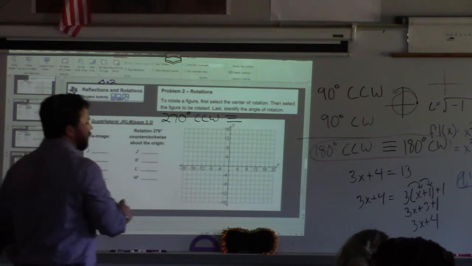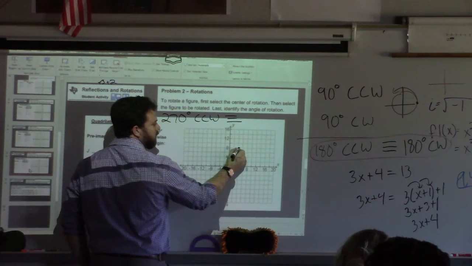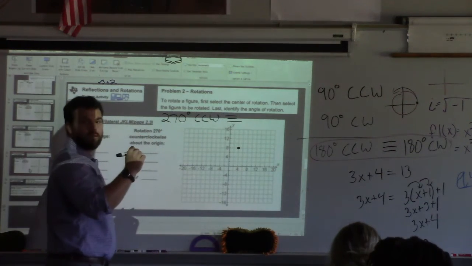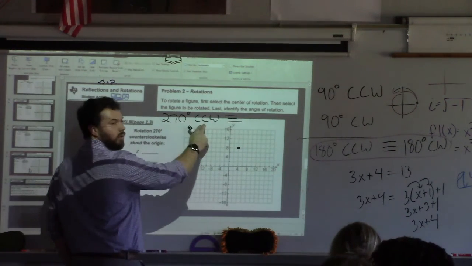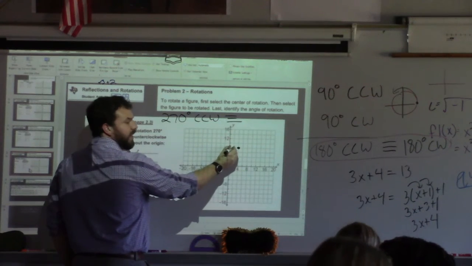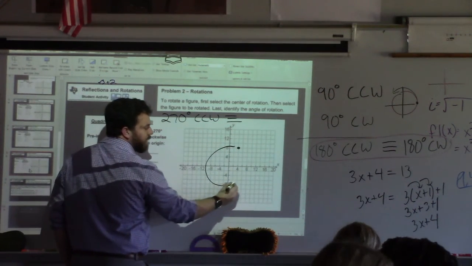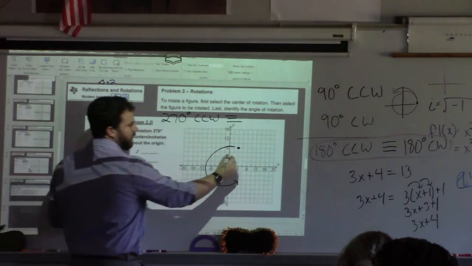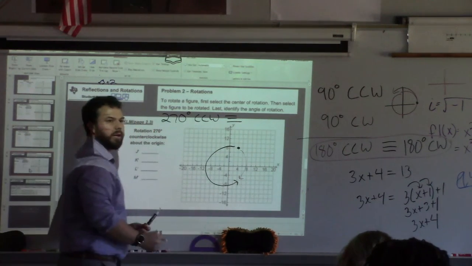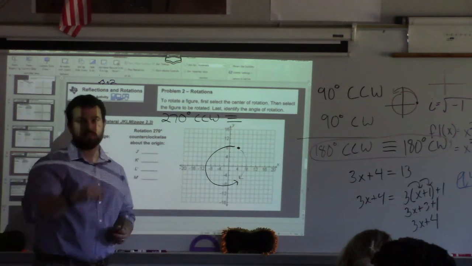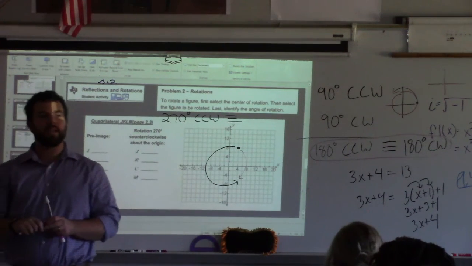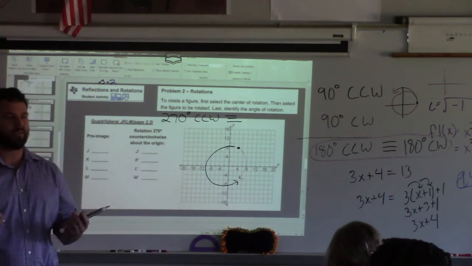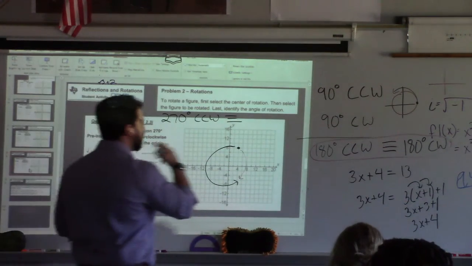90 degrees counterclockwise? It's already counterclockwise. So notice if I take this and rotate it around 270 degrees counterclockwise, couldn't I have just done 90 degrees clockwise? Yeah. So let me ask you this: do you want to do 270 counterclockwise or just do 90 clockwise? 90 clockwise.